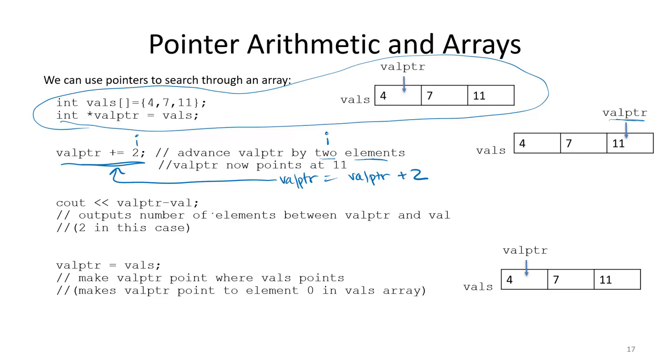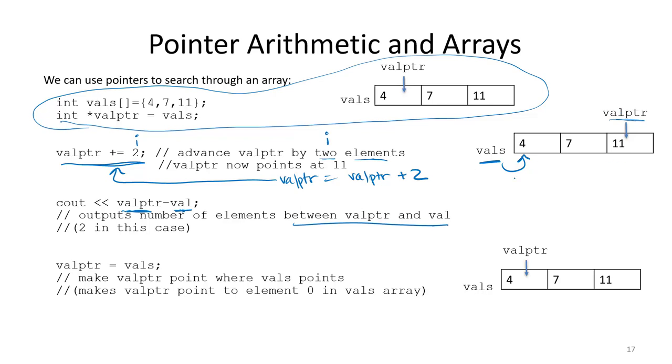Here's another really interesting one. Suppose I want to know how many elements are between vals and valptr. If I write cout valptr minus vals, that will output the number of elements between those two.